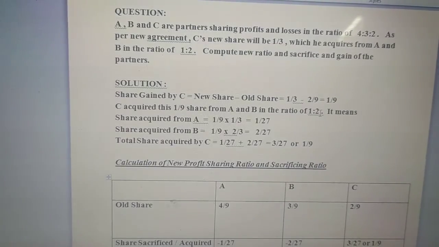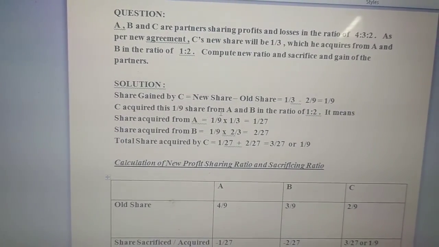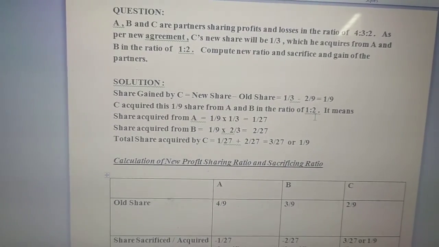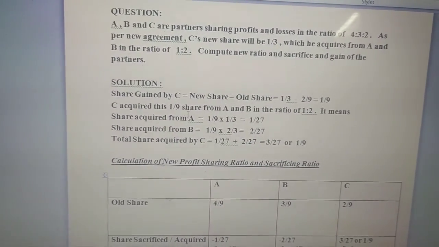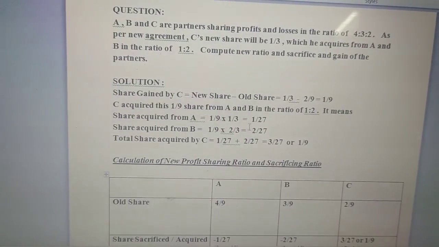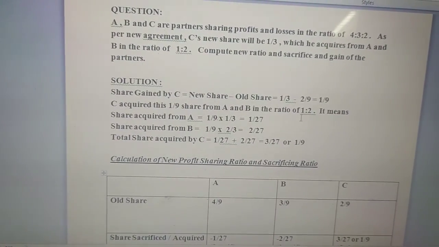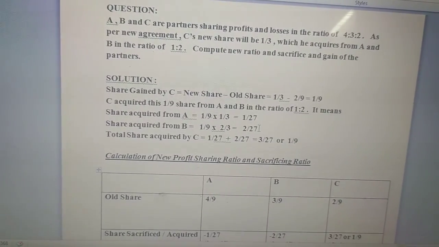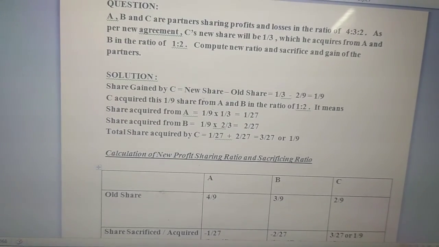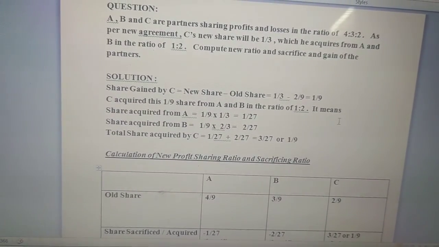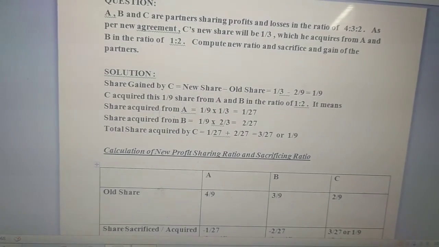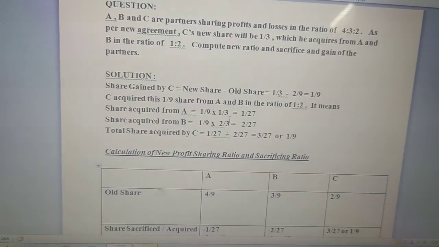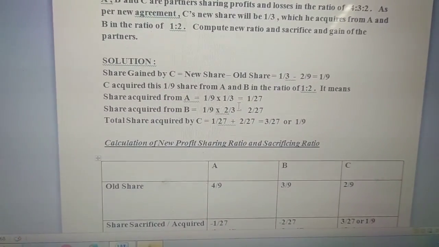That means he will take 1/3 part of this 1 by 9 from A and 2/3 part of this 1 by 9 from B. Whenever you see the word "of" in the ratio, we need to multiply their share, because it means he is taking 1/3 of 1 by 9 from A and 2/3 of 1 by 9 from B. So the share acquired from A will be, multiply these two, 1 by 9 into 1 by 3.